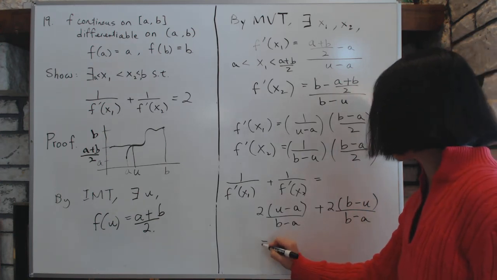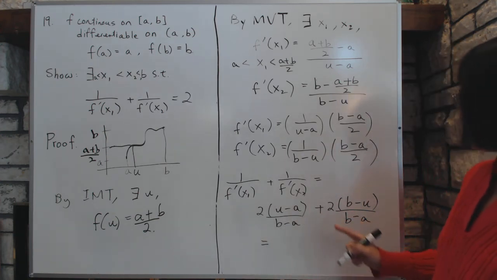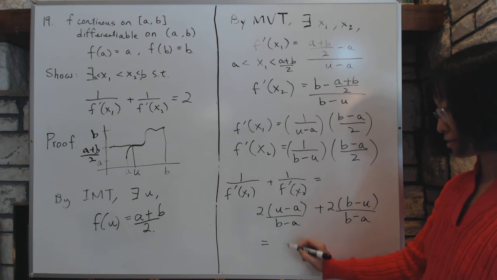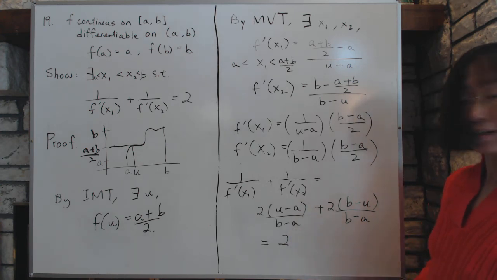When you clean up all the algebra, the u is out, you're left with b minus a, which cancels out with the bottom. All said and told, you will get 2 out of this particular mess.